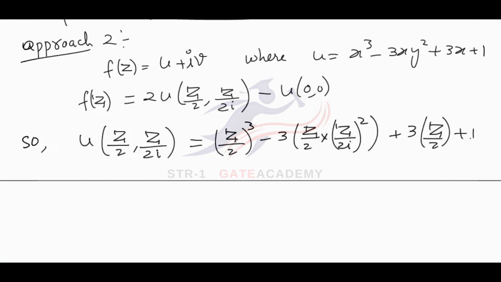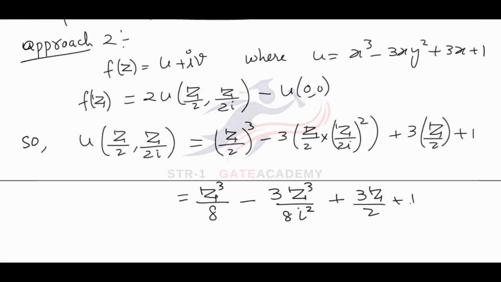So I'm substituting here. This will become z³ by 8 minus 3 z³ by 8 iota², plus 3z by 2 plus 1. Iota² is minus 1.